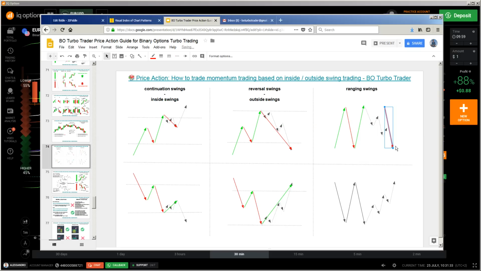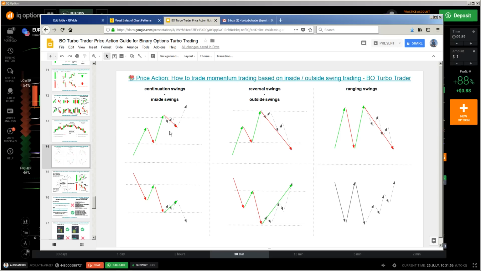But I have to draw this to make you clear that on the second swing, yes, that is also important to understand if we are talking about Fibonacci. I will do another video about the Fibonacci, to explain where you apply and where you don't have to apply the Fibonacci tool.